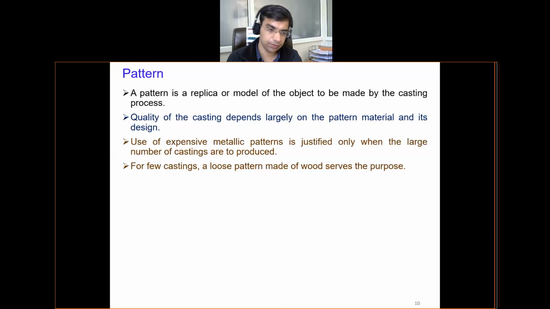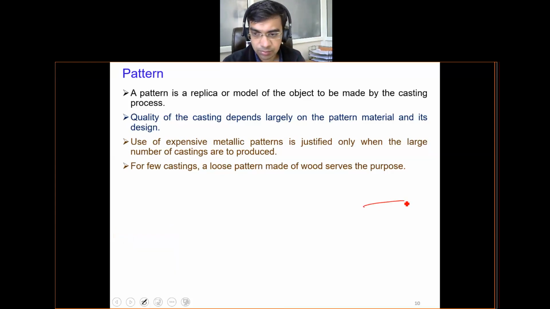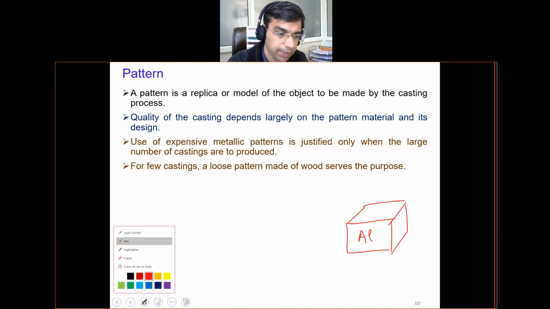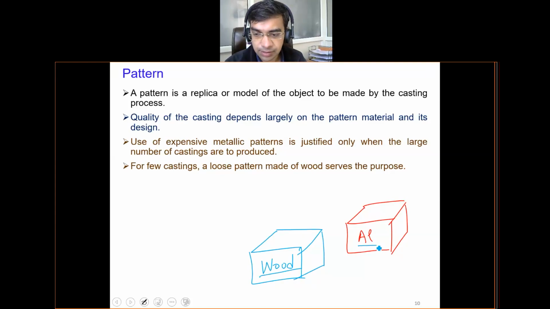Now suppose I have a block made of metal, say aluminium, and at the same time a block made of wood. Wood is a naturally occurring composite material, relatively soft compared to the metal.